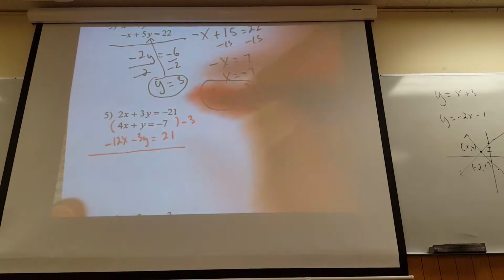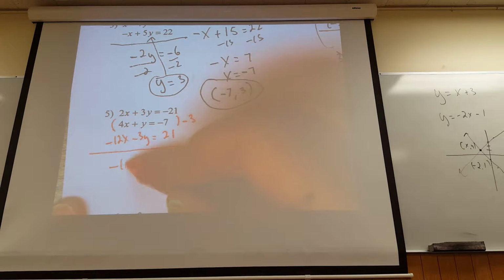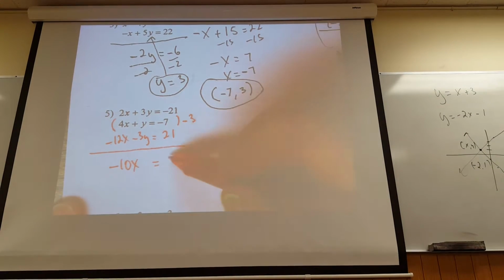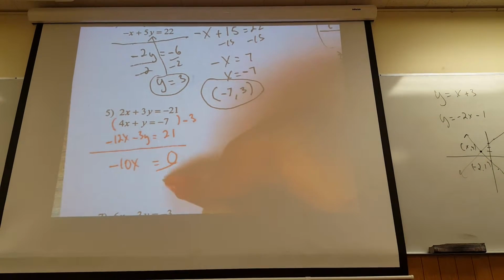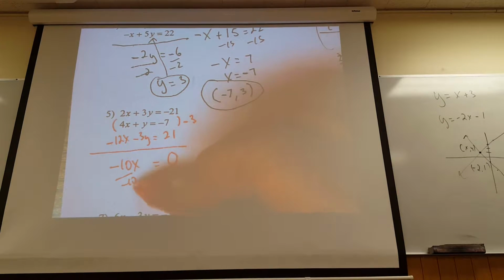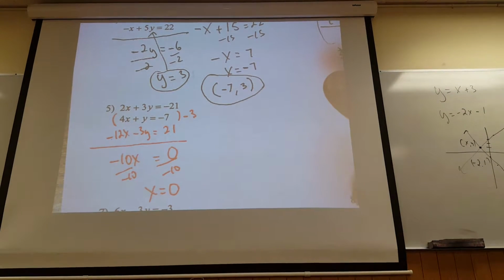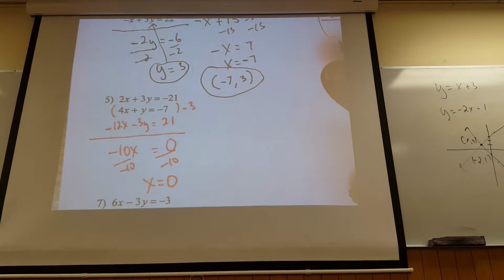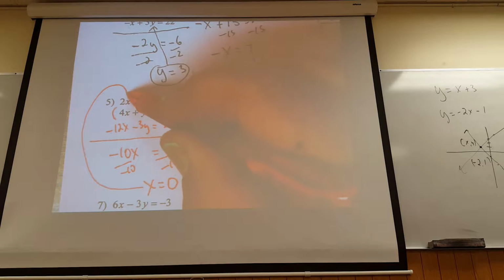The y's cancel out, so I get 2x minus 12x, which is negative 10x equals 0. When you divide by negative 10, x is 0 again. So I put that x equals 0 in this equation.